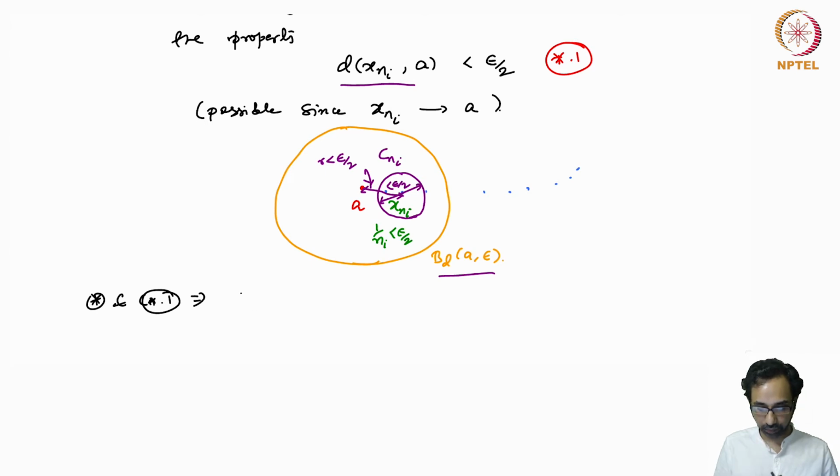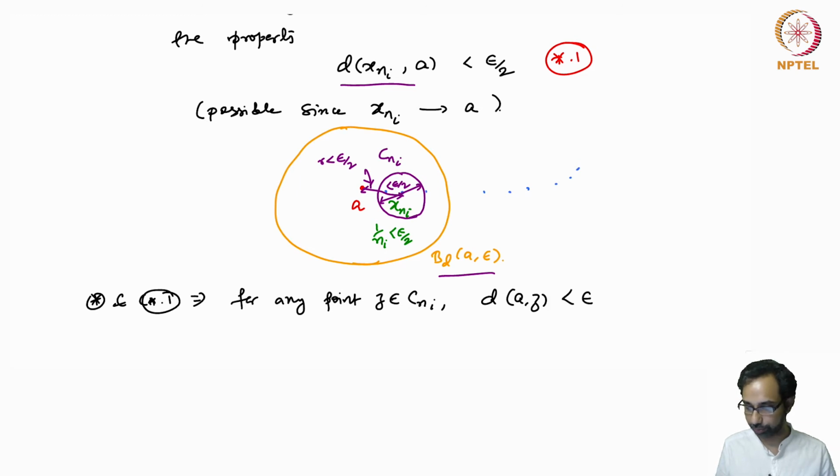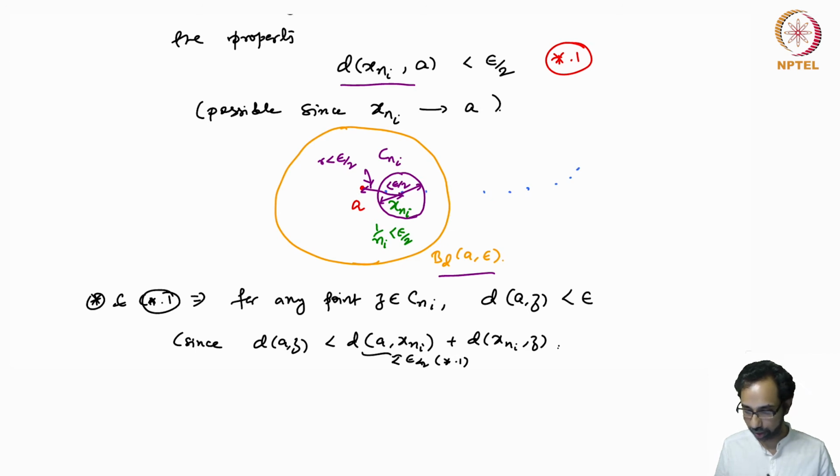Now star and star point 1 imply that for any point z in C_{n_i}, we have that d(A, z) is less than epsilon, because d(A, z) is less than d(A, x_{n_i}) plus d(x_{n_i}, z), and the first one is less than epsilon by 2 by star point 1, and the second one is less than epsilon by 2 by star. Adding these things up, we get less than epsilon.